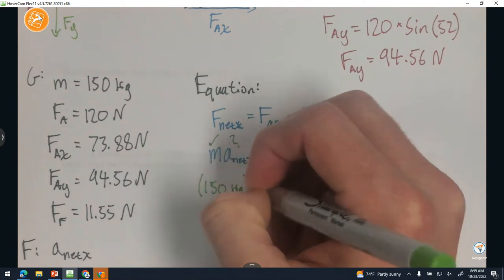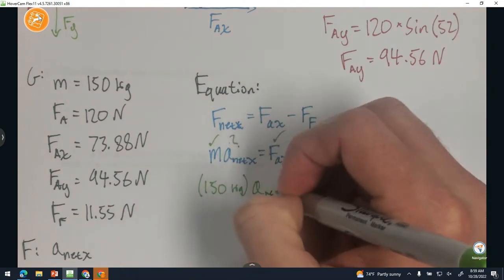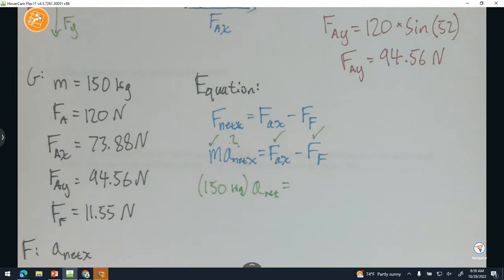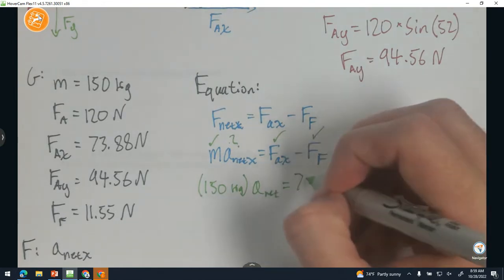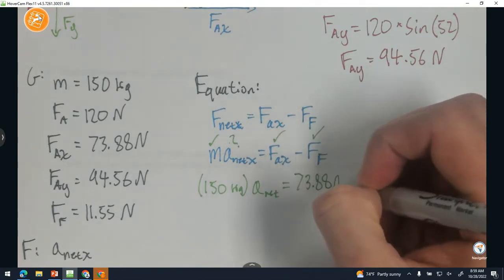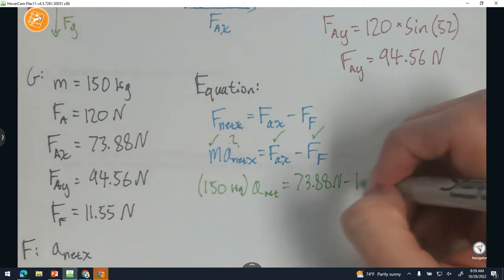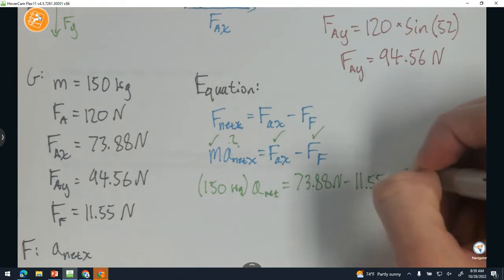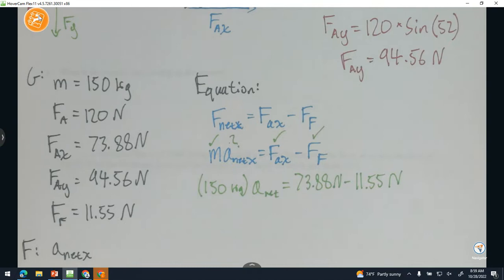Okay, so we do 150 kilograms times A net equals 73.88 newtons minus 11.5 newtons.